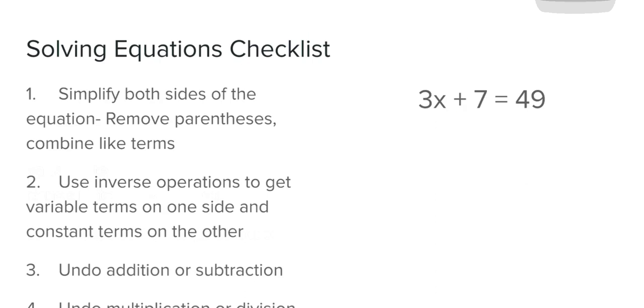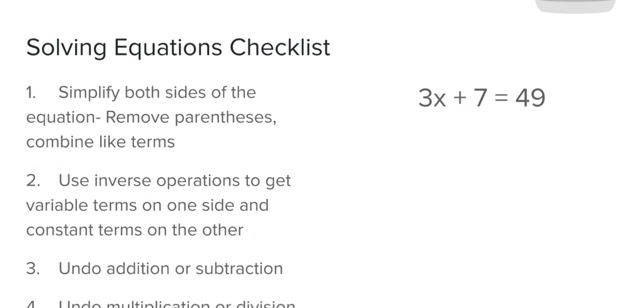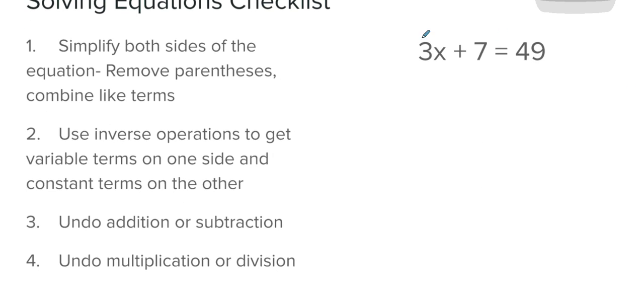Let's try this one. Again, let's go through the checklist. Are both sides simplified? Well, this here, 3x plus 7. There are no parentheses to get rid of. There are no like terms that we can combine. There's only the number 49 on this side, so both sides are simplified.